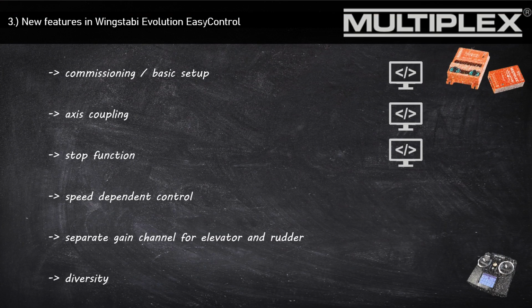The next function I want to explain to you is the speed dependent control. This function is patented by the company PowerBox Systems. So special thanks to the guys of PowerBox Systems that you allowed us to use this really cool function. It's very helpful for the use in aircraft with a high speed range and big rudders, like aerobatic planes.